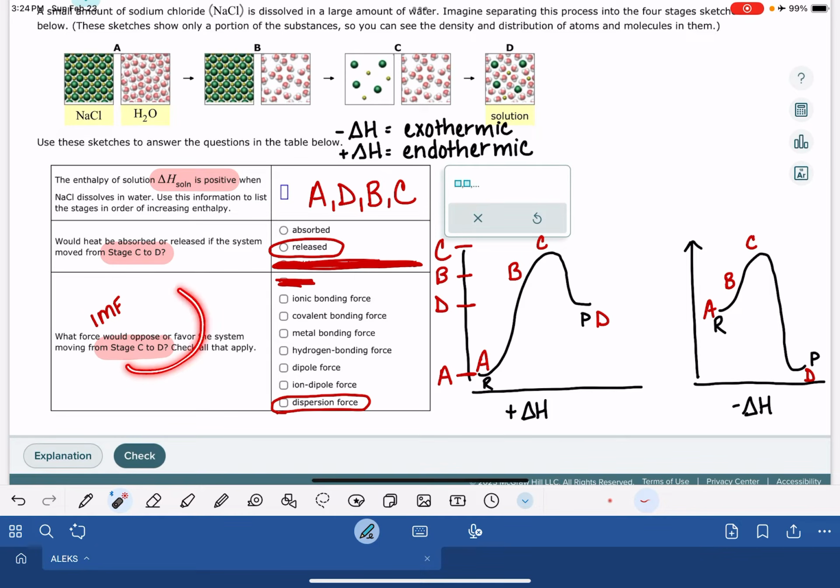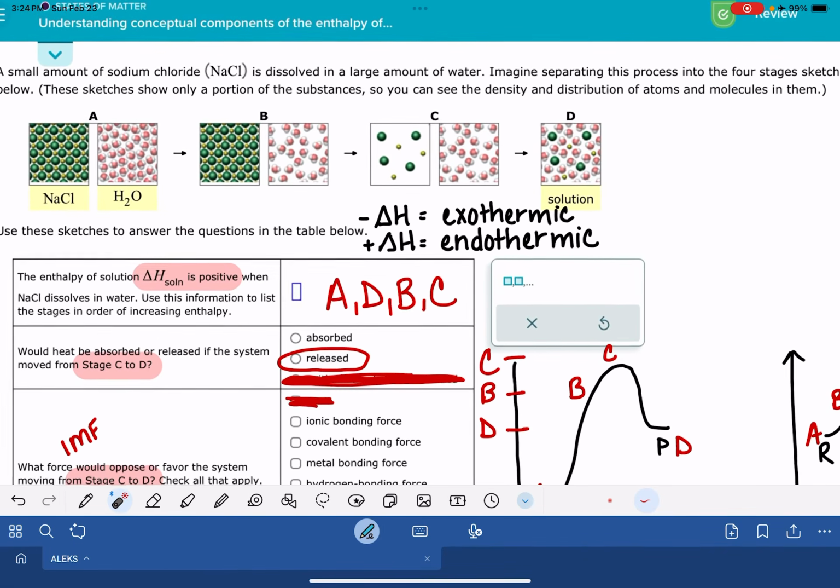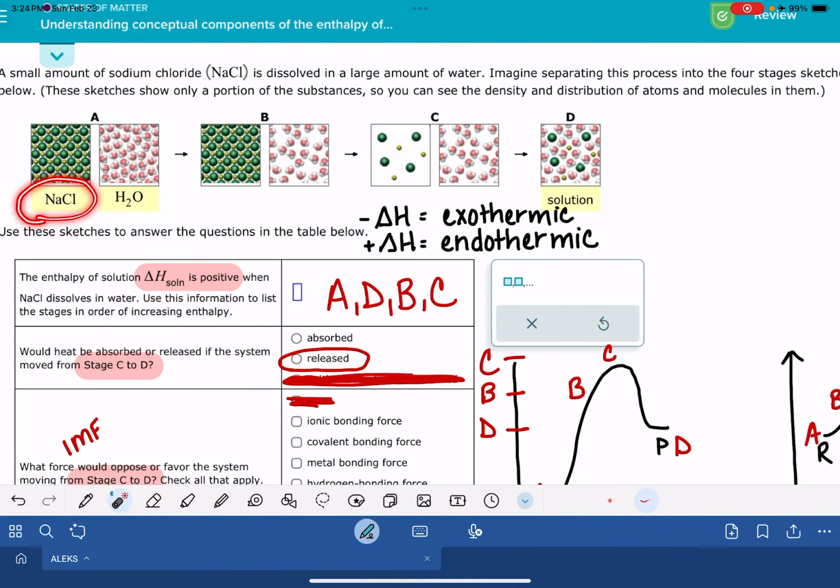Okay, so not only do we have to think about which stage we're in and what's going on, now is where we have to think about what the solute and the solvent molecules actually are and what intermolecular forces they experience. So going from stage C to D, in this particular process, I have an ionic compound, NaCl, and water, H2O.